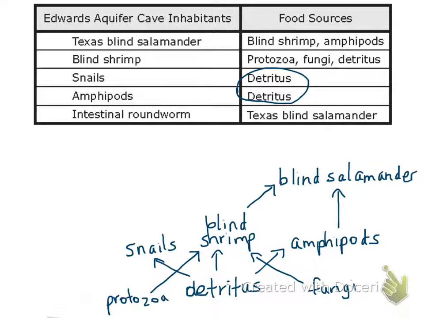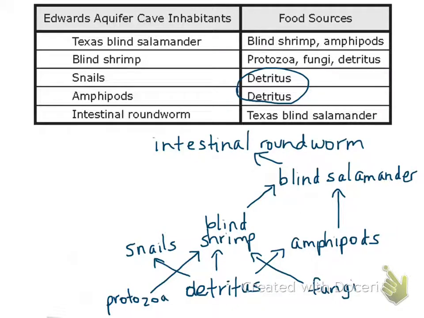Then I'm going to figure out what eats the Texas blind salamander, and that is going to be our intestinal roundworm. So I go on to add my intestinal roundworm above the blind salamander because it is now the top level consumer.